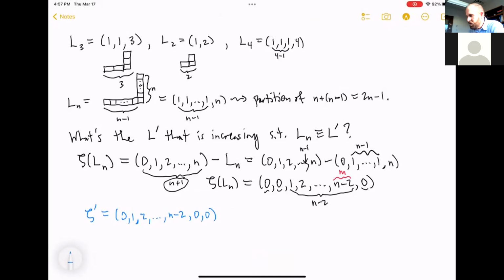And then how do we get our L prime? Well, L prime was gotten by actually taking the stair step thing, as many coordinates as I need, n, and then we subtract zeta prime. And so what do we get? L prime is equal to, let's see here, well, with zeta prime you end up getting a bunch of zeros.